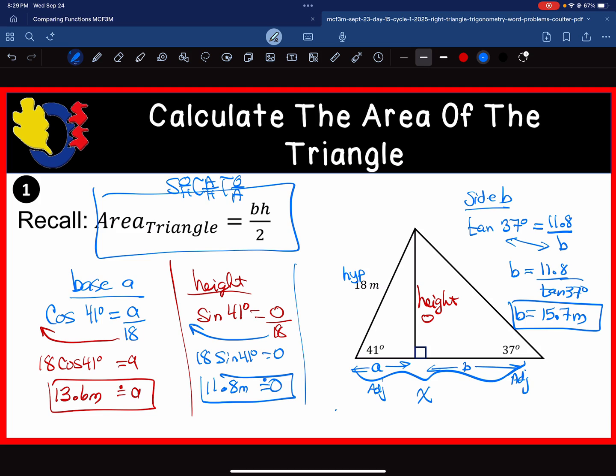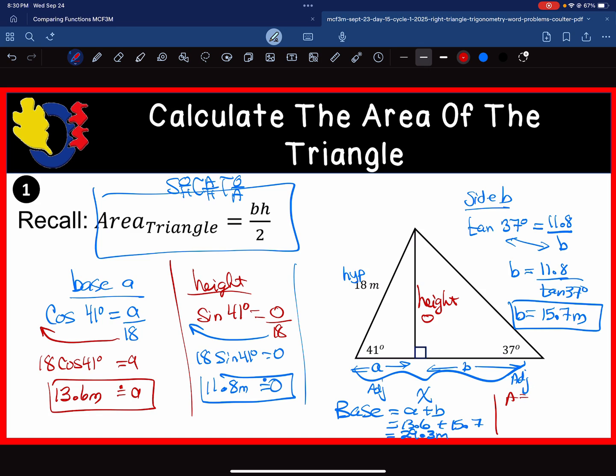Okay, so now we need to figure out the total length. So the base is equal to a plus b. So that is 13.6 plus 15.7, and that's 29.3 meters. Okay, and then finally we have to find the area. I'm running out of space, I'm just gonna write it down here at the bottom.